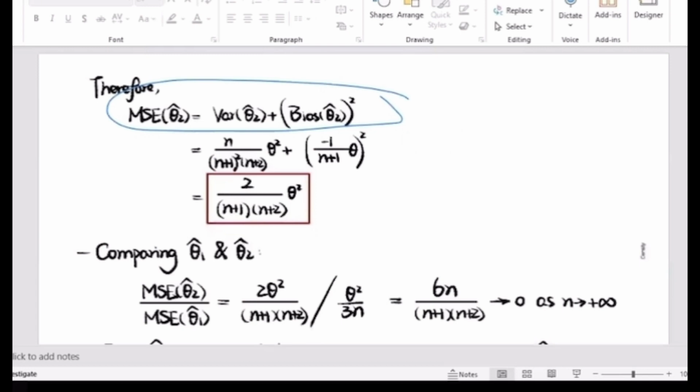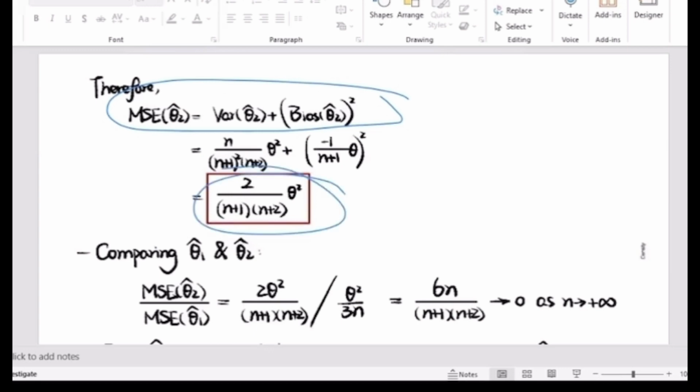The mean square error of an estimator is equal to the variance of the estimator plus the square of the bias. If your variance expression is wrong, your mean square error will be wrong. If your bias expression is wrong, the mean square error will be wrong. That's why you need to be careful, okay? So take a look at that. I'm plugging that in now, and that actually gives me this.